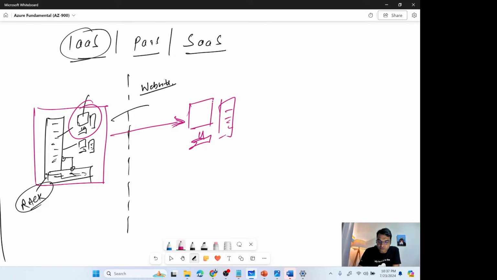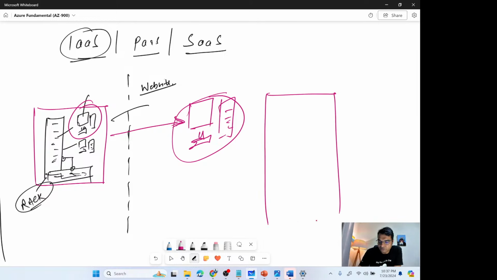And if you open up this machine, what are the building blocks of this machine? If you were to ask me, the building blocks of this machine are, we basically require storage. Okay, or maybe to make it easy, let's do it this way, so I don't really have to write so much.